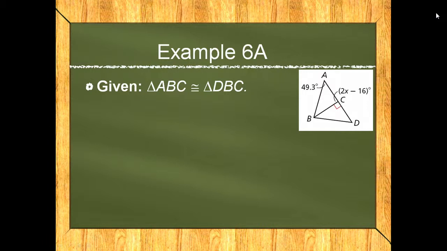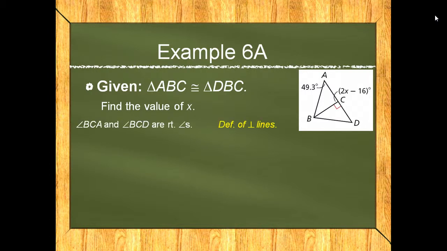Given that triangle ABC is congruent to triangle DBC, find the value of x. Well, first of all, we see that BCA and BCD are right angles. BCA and BCD form a straight line, AD.